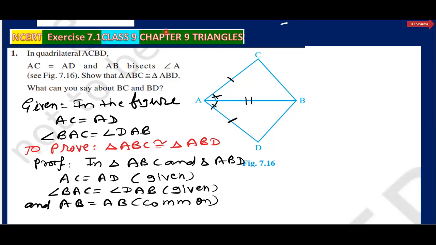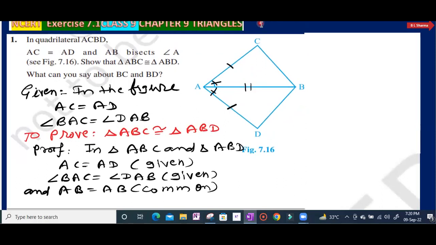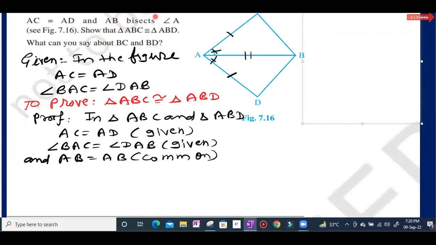The first criterion was SAS, side angle side, and now the second criterion is ASA.